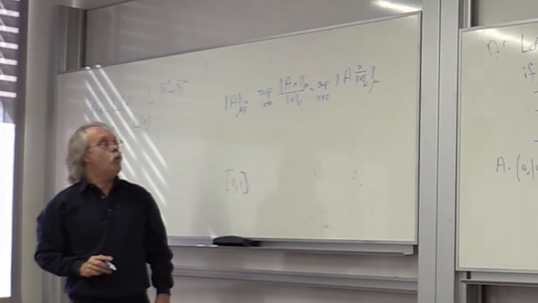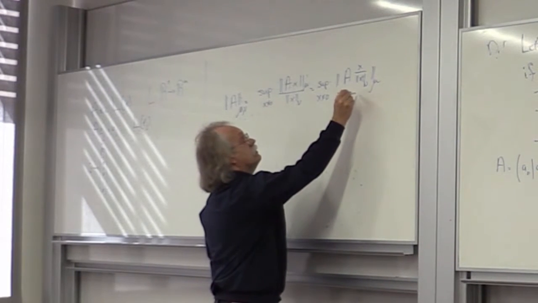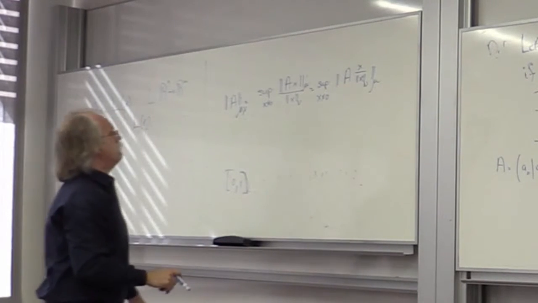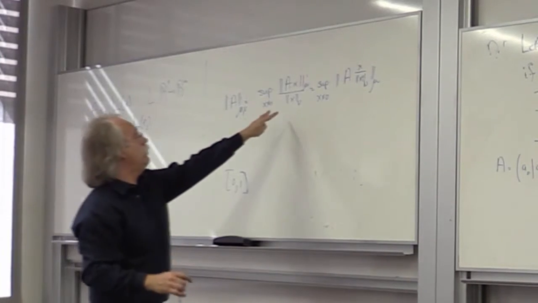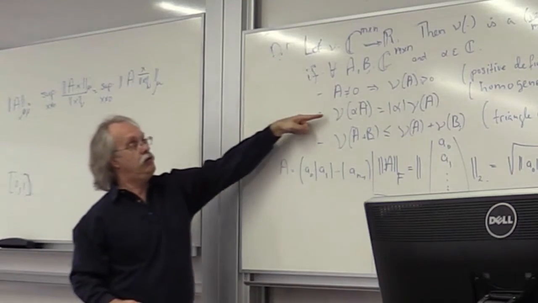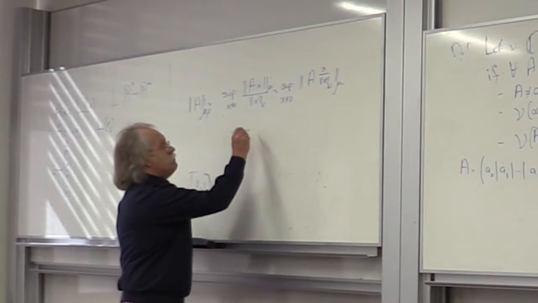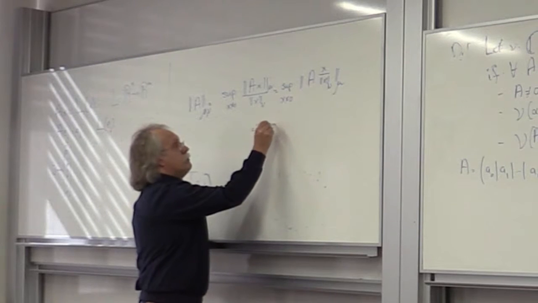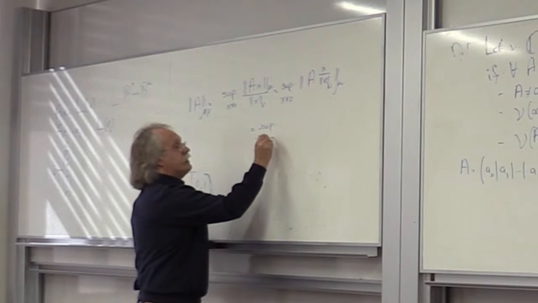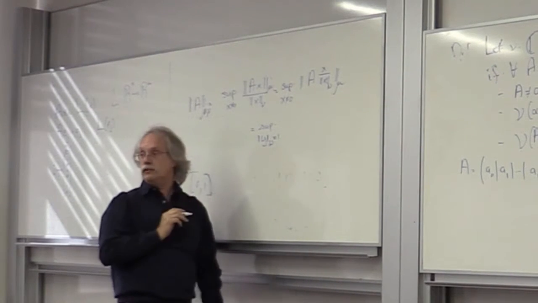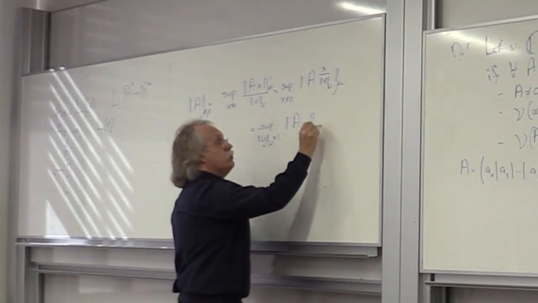Okay? And why is that important? Wait a second, is that right? I can't just do that, right? Yes, because all I've done is use the homogeneity of the norm right here. And why is that important? Because then we can talk about it as the supremum over all y that have vector length equal to 1 in the new norm of A times the vector y in the new norm.